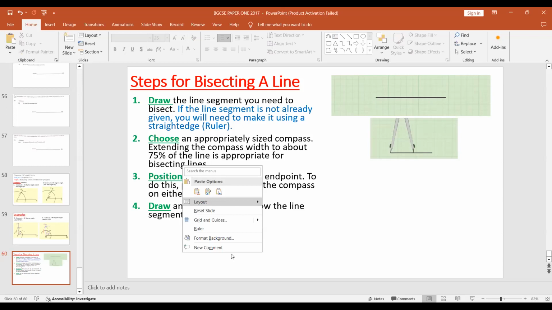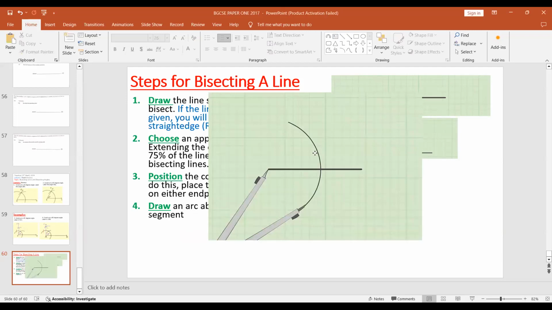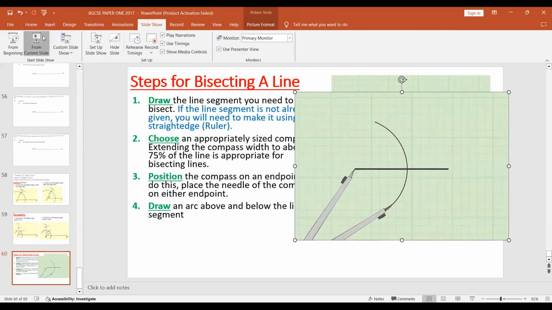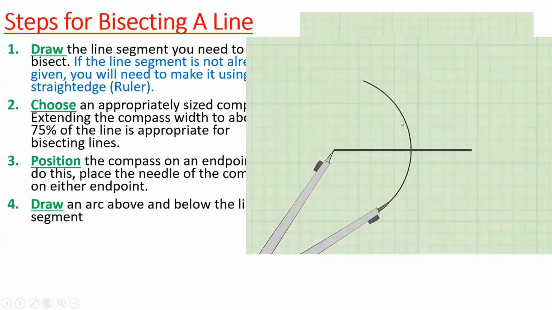So what you're gonna do is come right here, and if you look carefully, you see that there's an arc right there. So that's what you do, draw an arc like that.